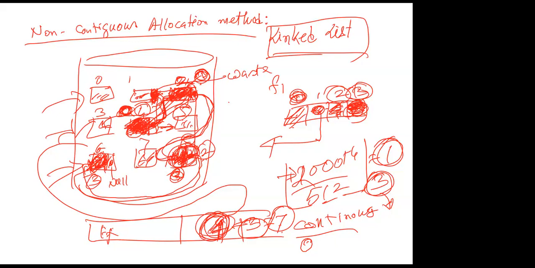And of course, as I mentioned, even though there is no external fragmentation, internal fragmentation will be there for non-contiguous allocation as well.